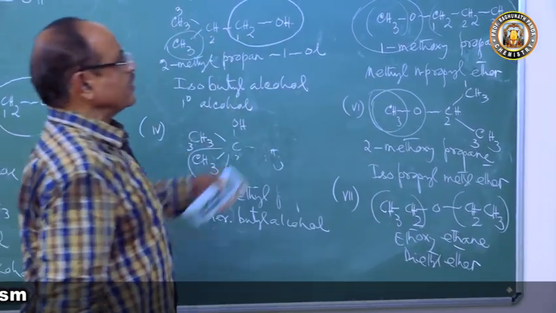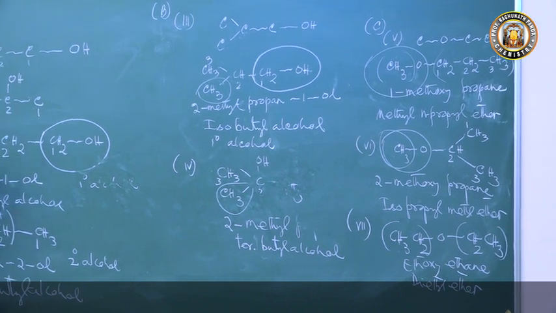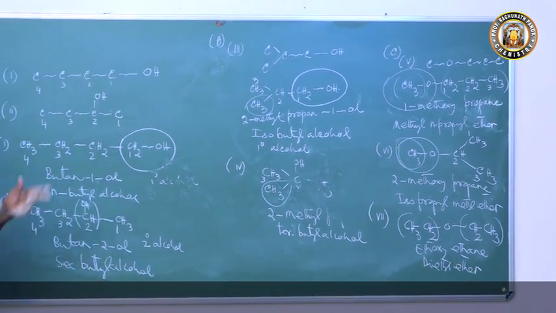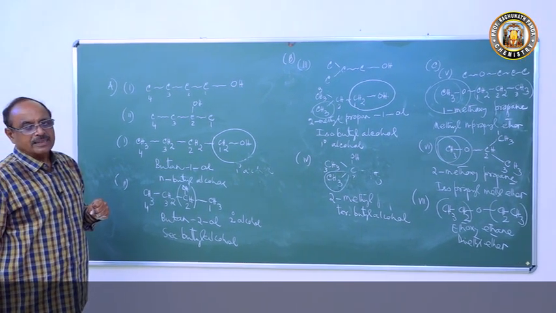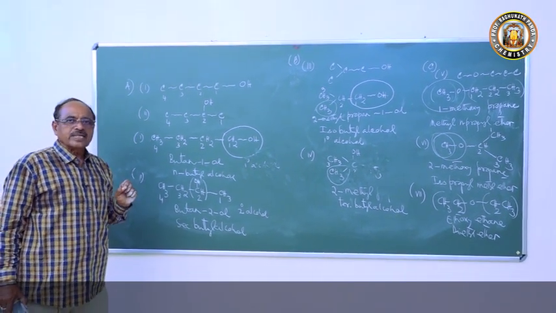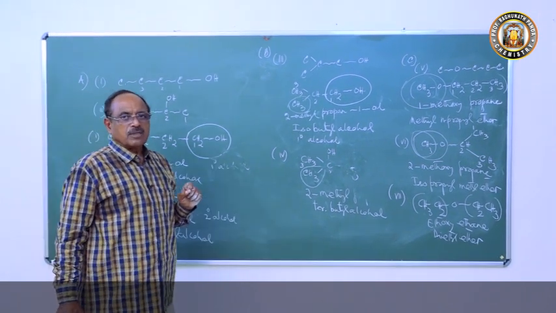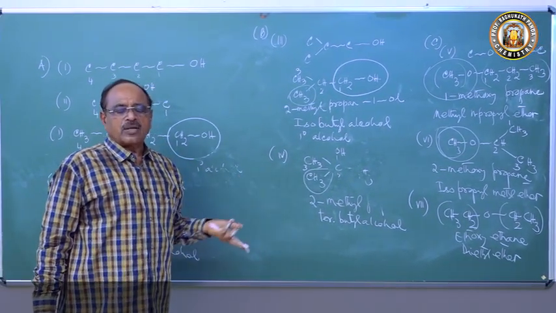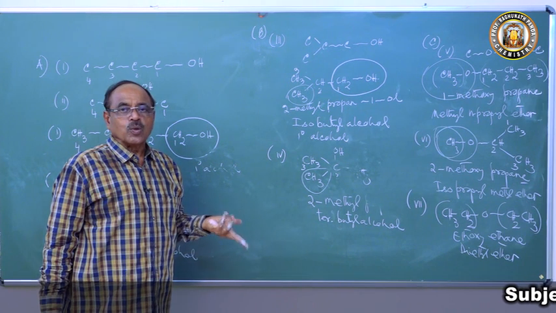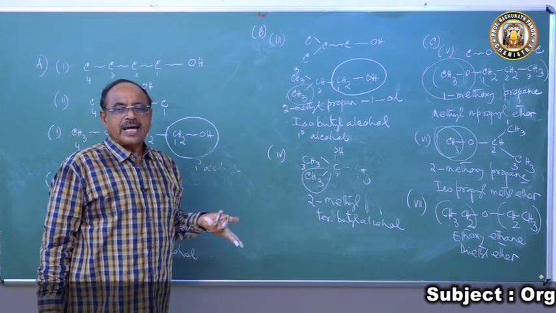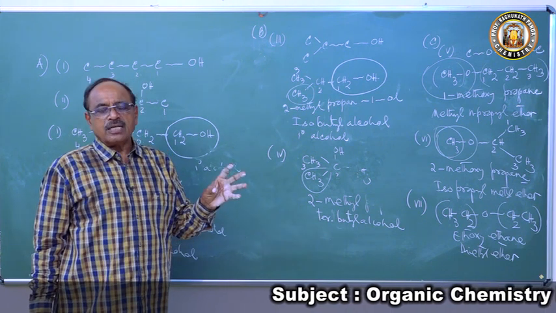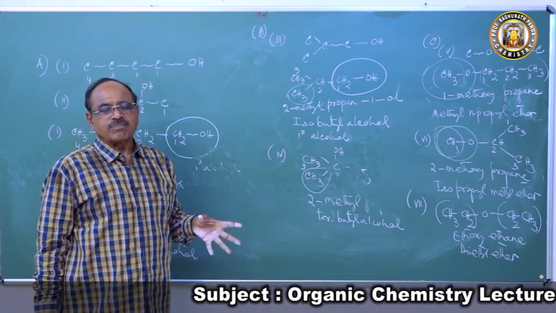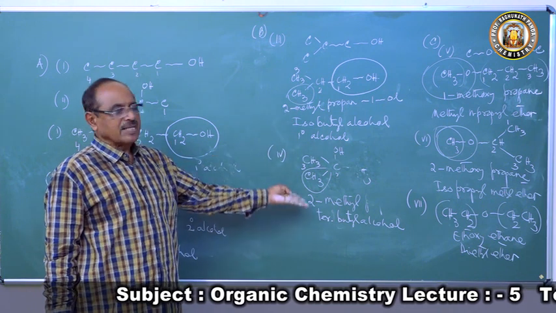So we now have 7 structures. Out of the 7 structures, 4 are alcohols and 3 are ethers. Suppose a question comes in an entrance exam: the organic compound C4H10O has the number of isomers 3, 4, 7, 6. The answer is 7 isomers.